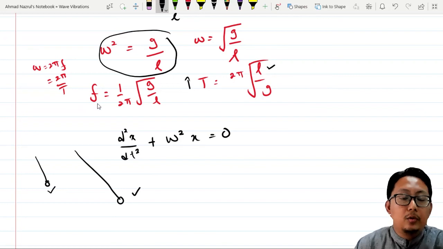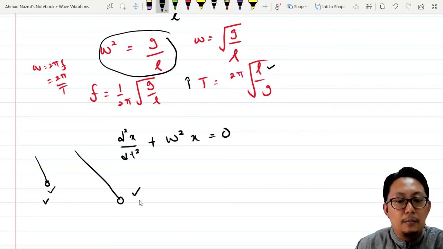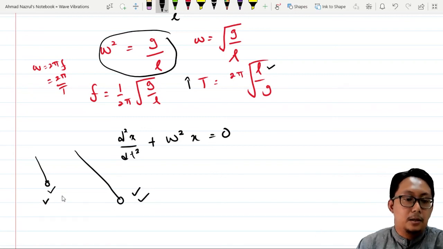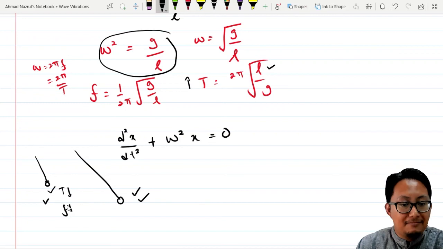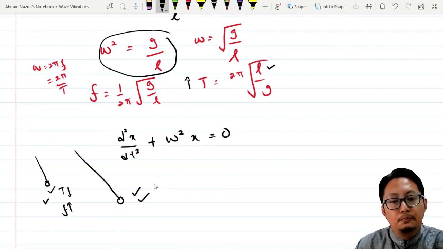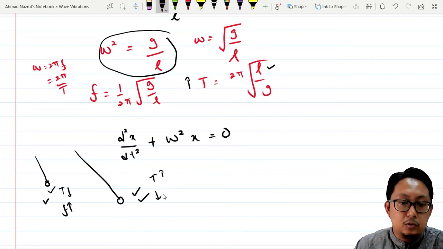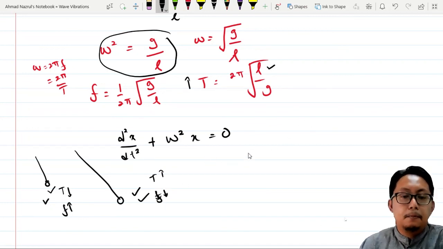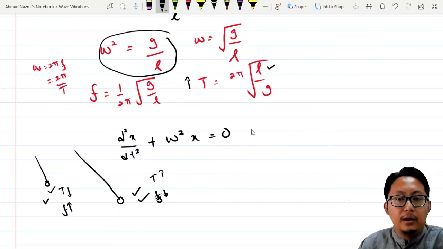But for frequency, this one has a higher frequency compared to that one. So the period is low but the frequency is high. When we increase the period, the frequency will reduce. So this is what we have for the pendulums.